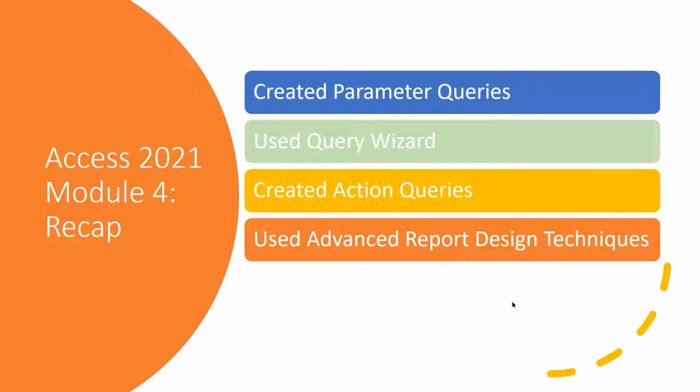Then we moved on to creating action queries, which actually impact the table data. And we finished up with using advanced report design techniques by learning how to summarize and group in reports. We also went over design view and how you can access the properties window when you're working in that view for reports.